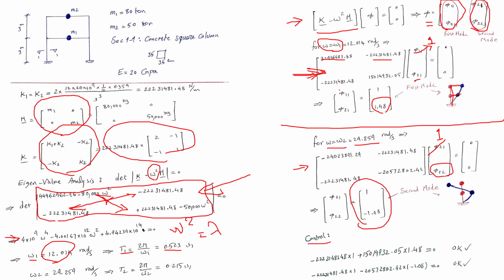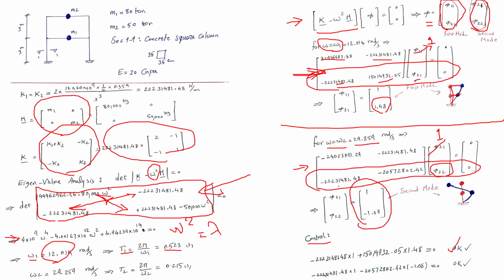So if we use the second equation, this number multiplied by 1 plus this number multiplied by 1.48 should be 0, which it is. And for the other, this number multiplied by 1 plus this number multiplied by minus 1.08 should be 0, which is correct. With these two controls, we are sure our numerical calculations are okay.